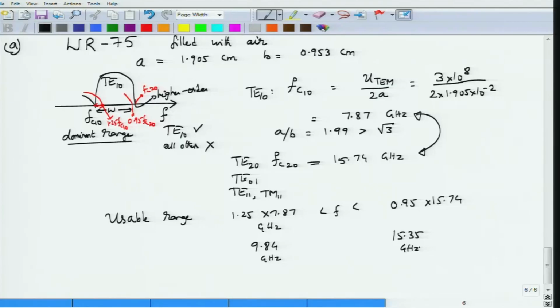So you have about 5 gigahertz of bandwidth roughly, and this is the bandwidth over which only TE10 modes can be propagated, or in the frequency range only TE10 modes exist, and they would be propagated with whatever the characteristic propagation for TE10 is concerned.